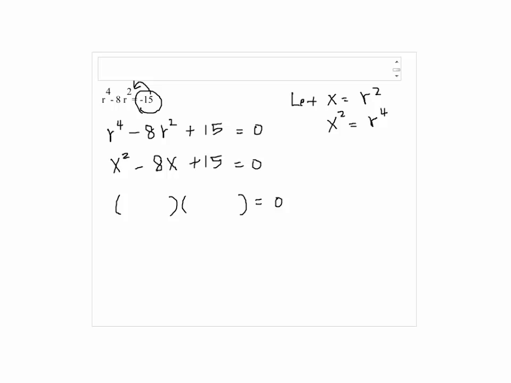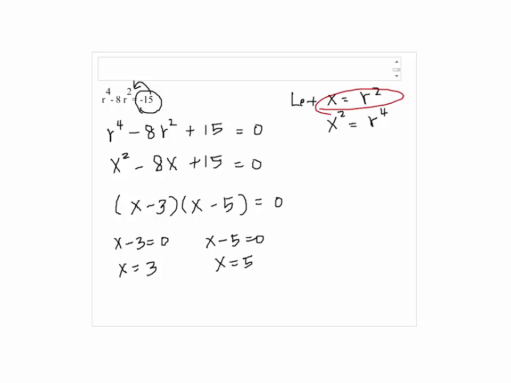Since we have a quadratic equation, we can factor it: x minus 3 times x minus 5 equals 0. So x minus 3 equals 0, where x equals 3, and x minus 5 equals 0, so x equals 5. Now since we set x equals r squared, we're going to substitute r squared back, so r squared equals 3.